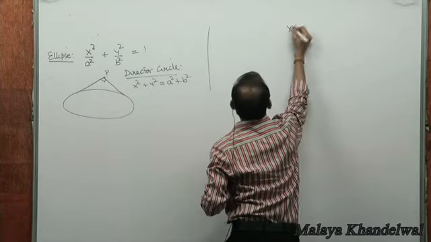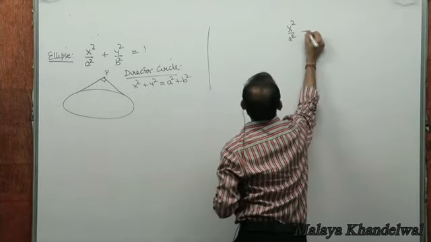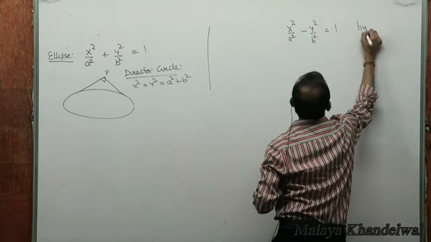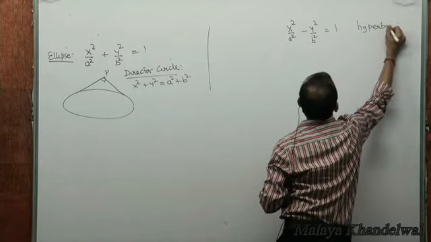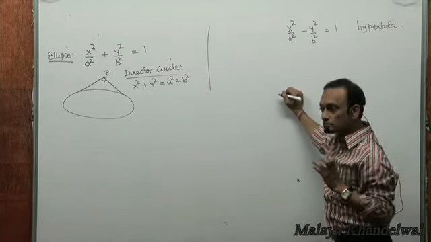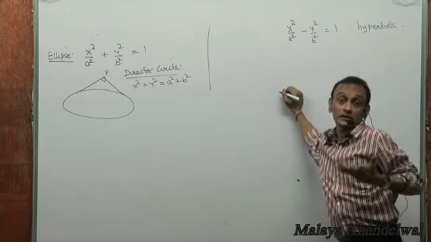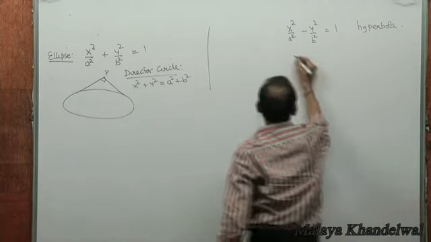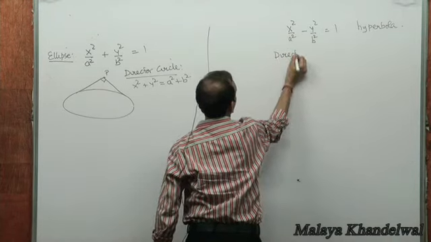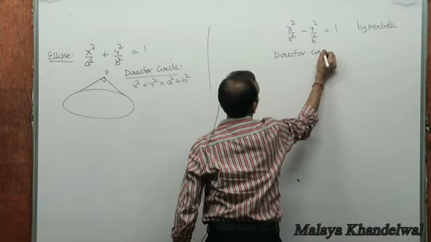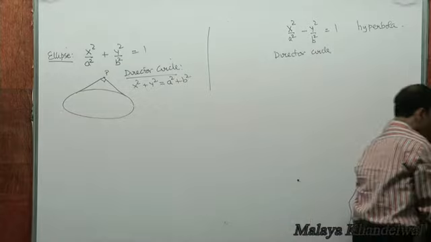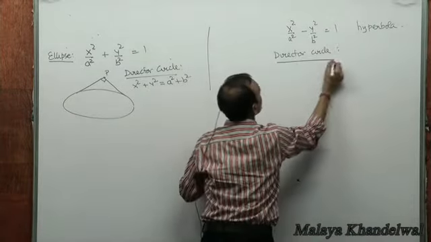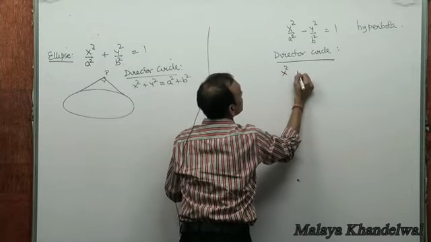If I have a hyperbola, then the director circle of the hyperbola, that means where the pair of tangents should be perpendicular, is going to be x squared plus y squared.